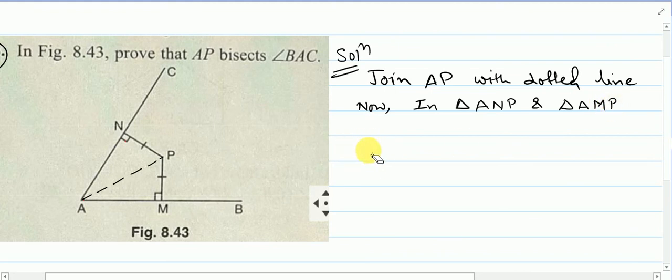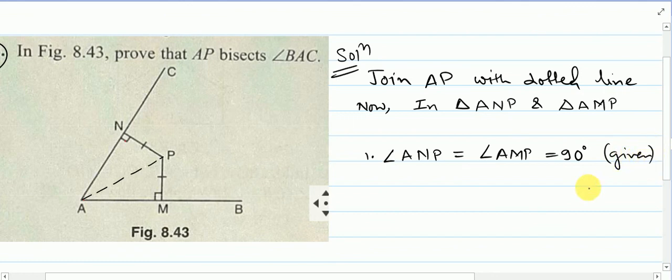Number one, angle ANP is equal to angle AMP, that is 90 degrees, given.